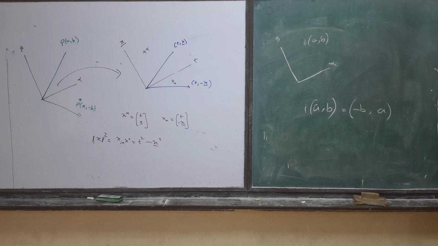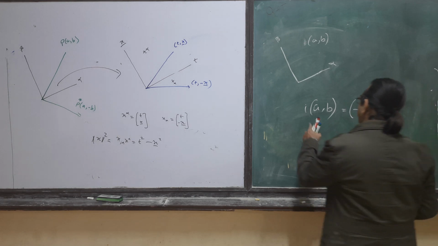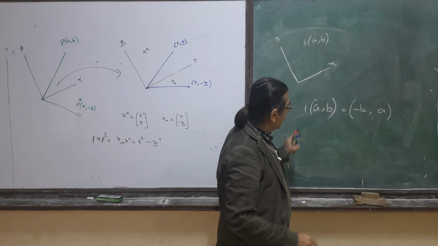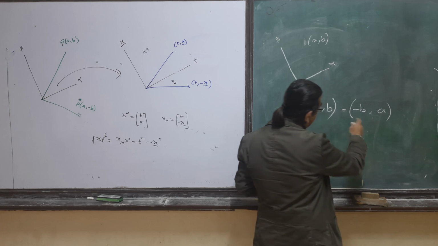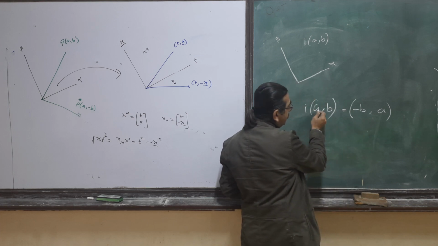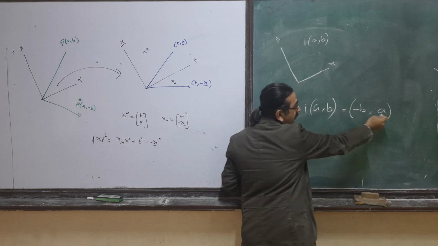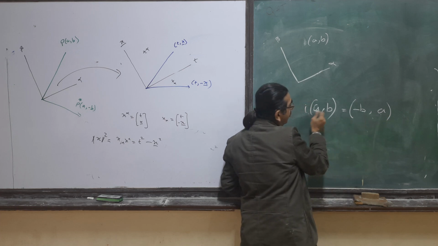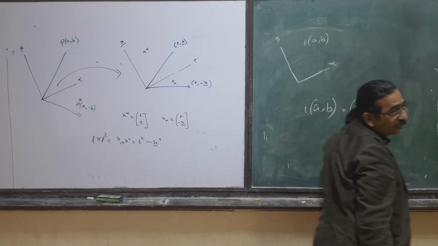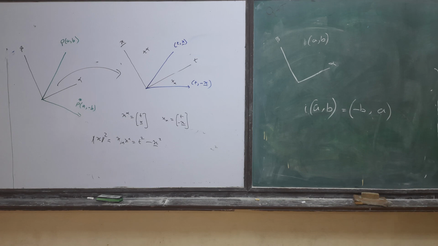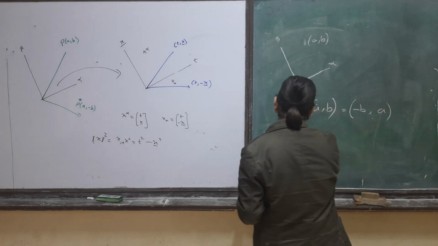Similarly, if we rotate it, then t will be along the real axis, and x will become complex. Similarly, if I apply iota, this becomes iota A, and if iota B is multiplied, that will be iota square equal to minus 1. Yes, you may understand in this way, in the form of complex numbers.